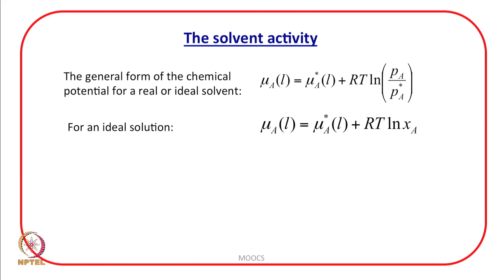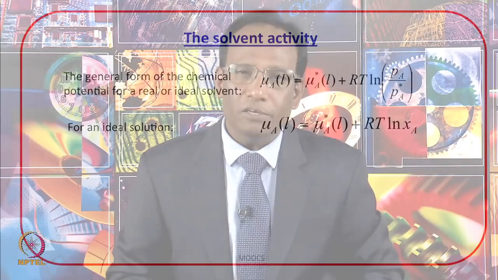Now, we want to allow deviations from ideality. We know that things are not usually ideal, and the non-ideality, which we call the real solution or non-ideal solution, arises from the difference in the intermolecular interactions.